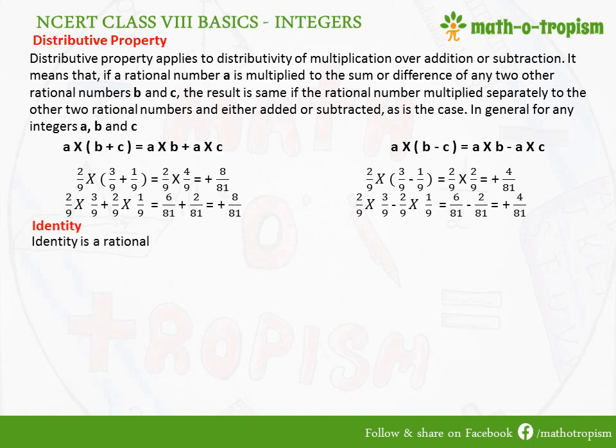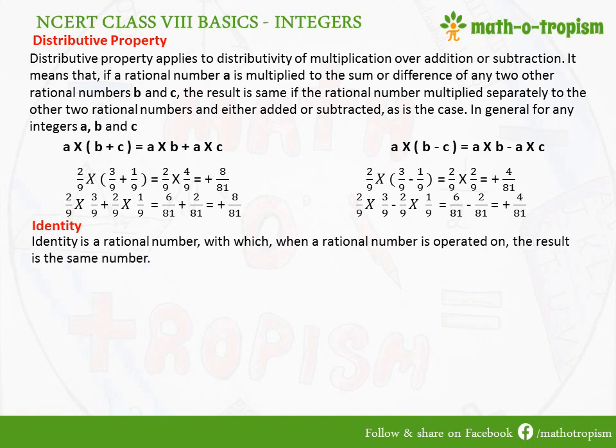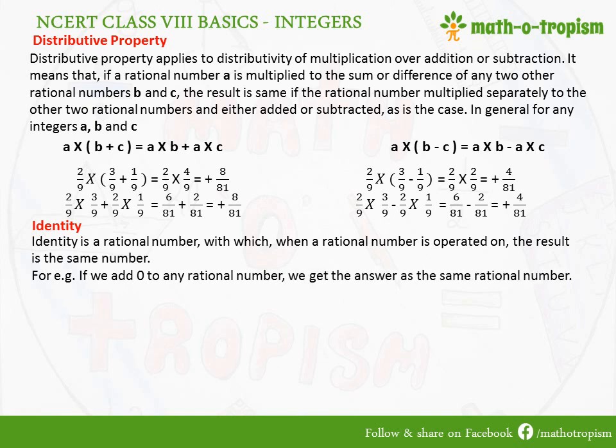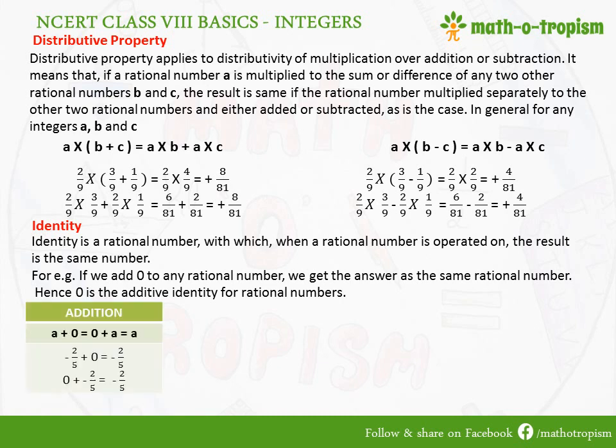Now what is identity? Identity is a rational number with which when a rational number is operated on, we get the same number. That is, if we add 0 to any rational number, we get the same number. Hence 0 is called the additive identity for rational numbers, because a plus 0 is equal to 0 plus a, which is equal to a.